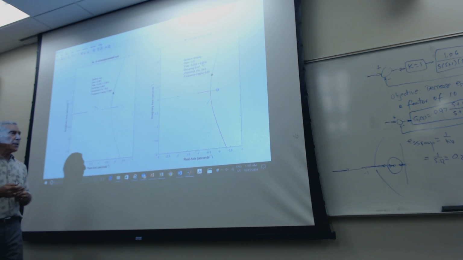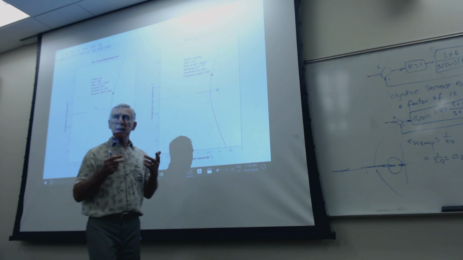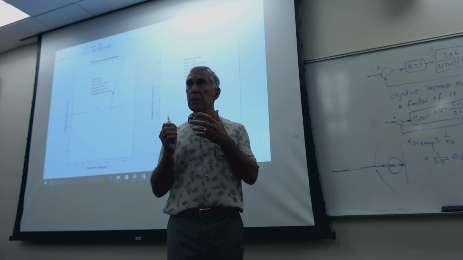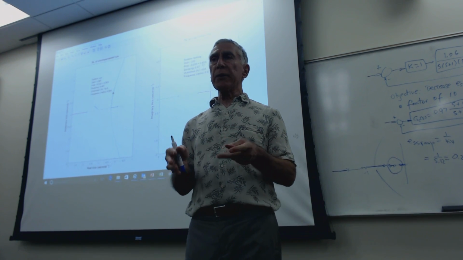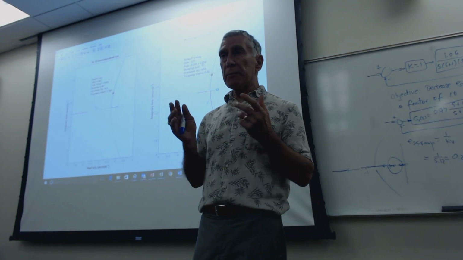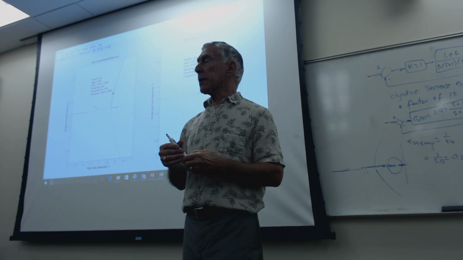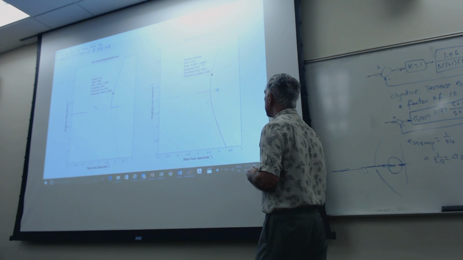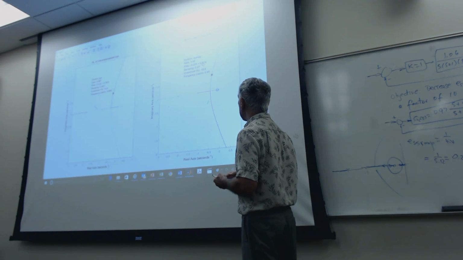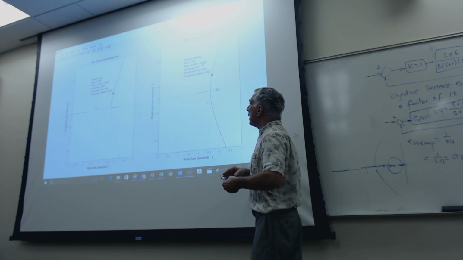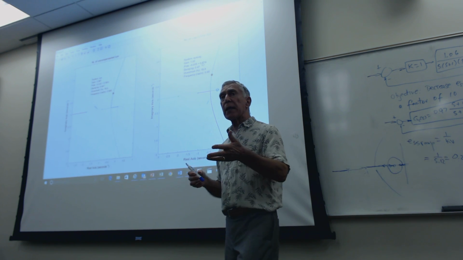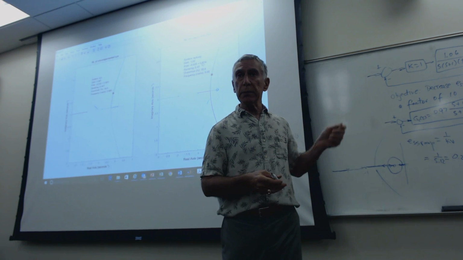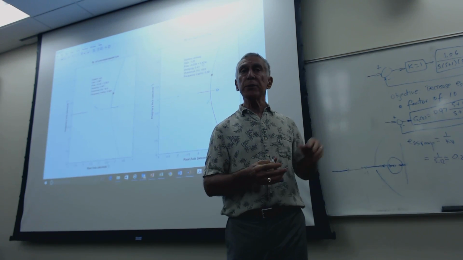So it has maintained fairly closely the desired dominant poles. Okay, the closed loop system dominant poles have been maintained, which means that you'll get the kind of transient response that you wanted in the original.